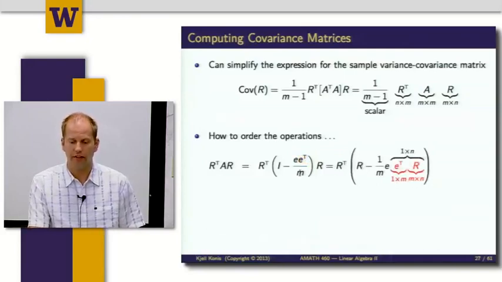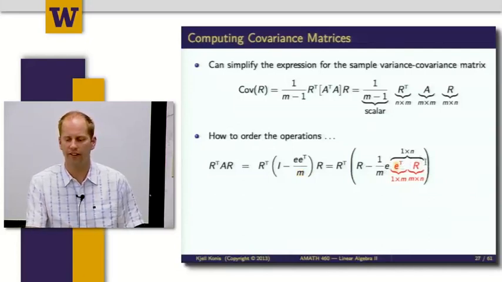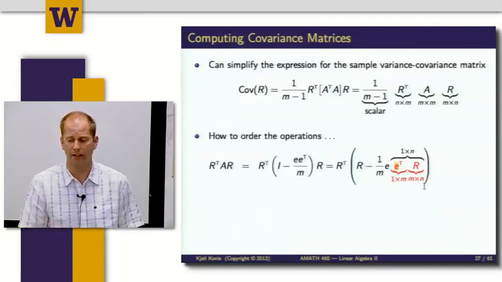So I'll take this M out and write that as just 1 over M. Then the E E transpose, I'll have E here, E transpose, and then R. But I'm going to do this calculation first. And so that's going to be 1 times M times M times N. So that'll be a 1 by N matrix, a matrix with 1 row and N columns.